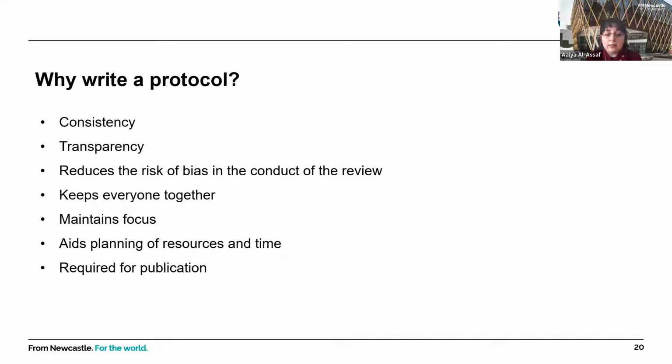It also aids planning of the resources and time, and it is also required for publication. If you will publish your review, they will require the protocol. Next slide, please.